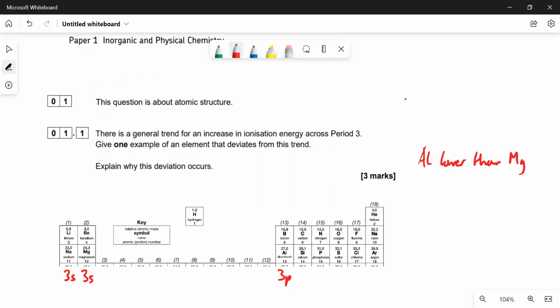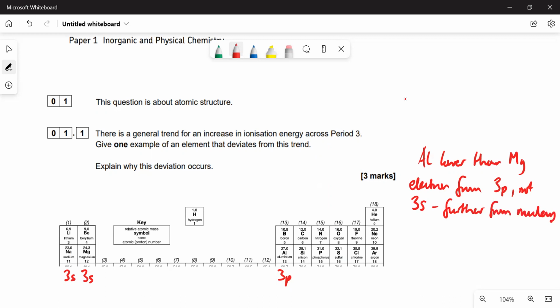And the reason for that is the electron is being removed from 3p, not 3s. So it's slightly further from the nucleus, and there's a bit more shielding. Okay, that's one you could have.